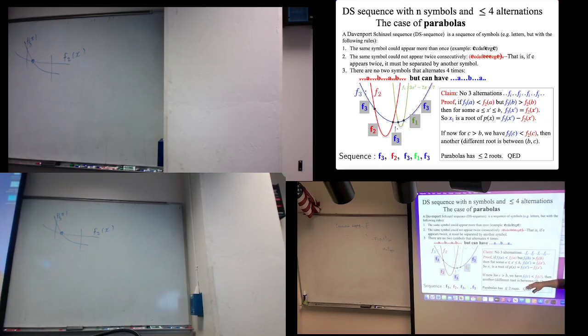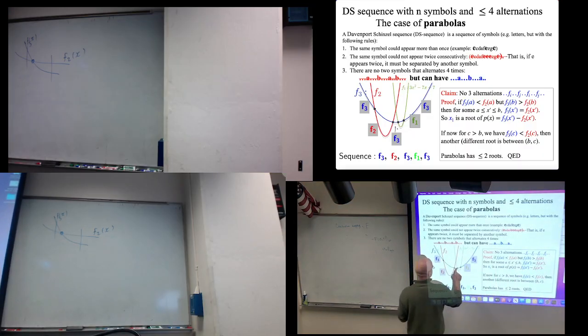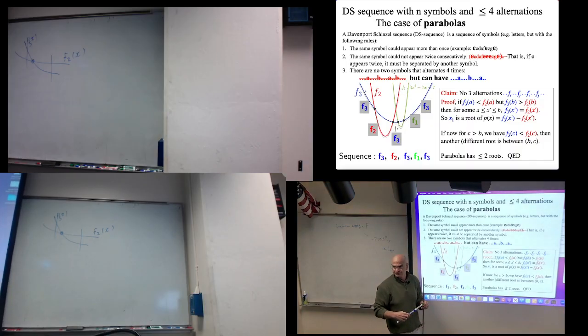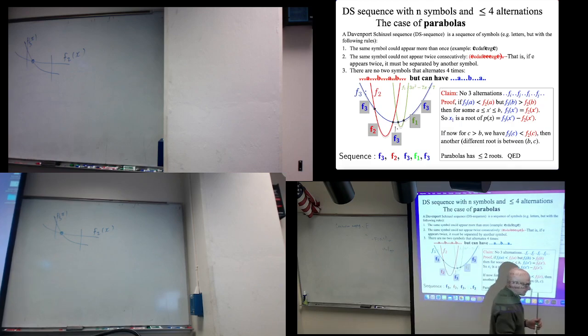Now let's assume so far everything is legit. But if I want yet another alternation, where I again see f2 once again, there should be yet another root. And polynomials of degree 2 have only 2 roots. But that's the whole proof.